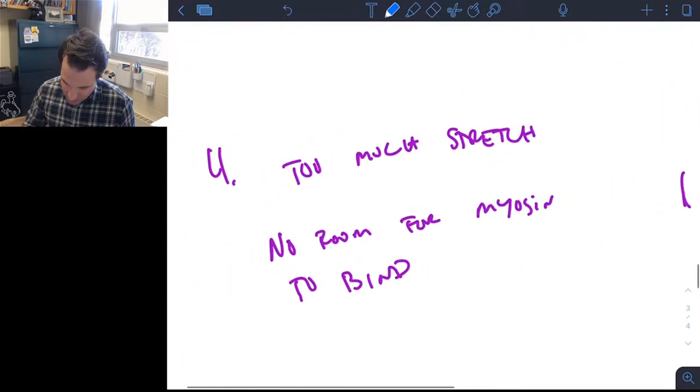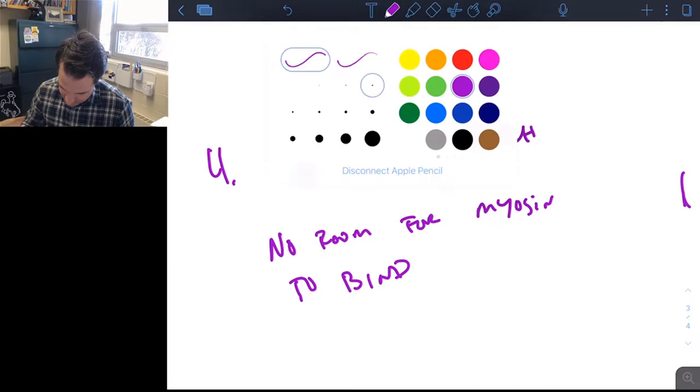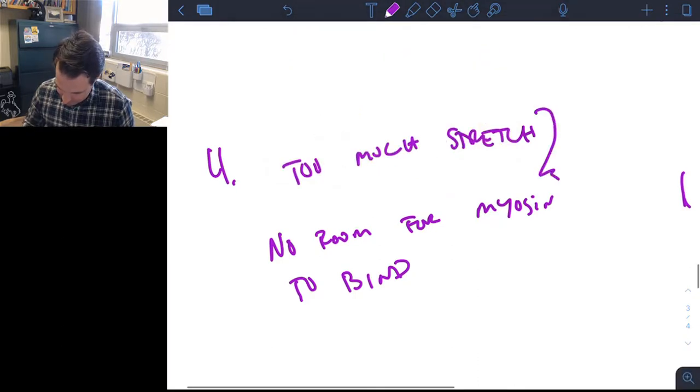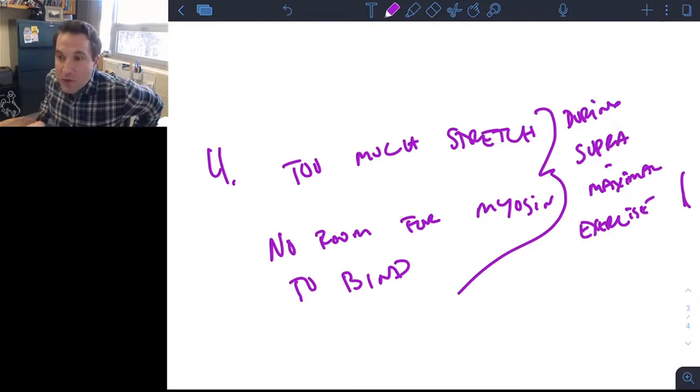So number 4, too much stretch, no room for myosin to bind, and overall, we can say that this occurs during our supramaximal exercise.